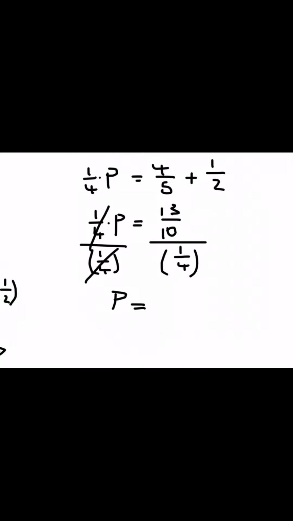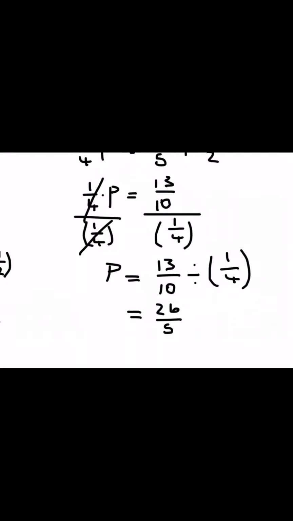And then you will just punch it like that. I'm writing this so that you can have an idea of how you punch it on your calculator. On the next calculations, I'll just do the final answer there. So that means you will say 13 over 10, on the side you divide it by 1 over 4, which is equal to 26 over 5. And that should be the end of it.